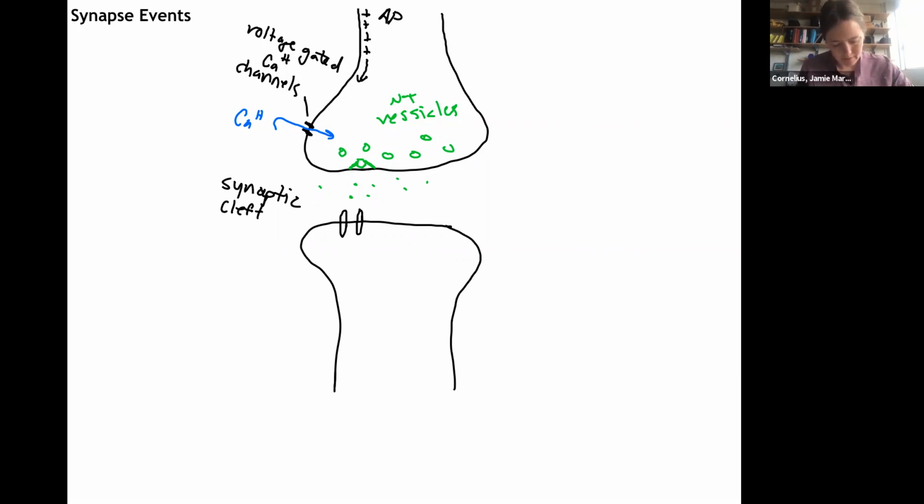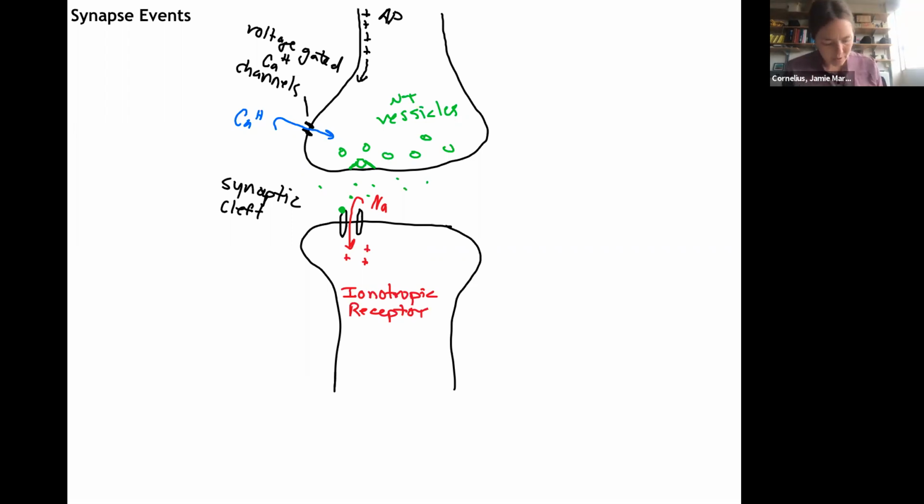So if you get binding of neurotransmitter on that receptor, then oftentimes what happens is that you get a movement of sodium or calcium into the cell, and that's going to induce a whole cascade of events. That's an ionotropic receptor, right? Because it caused the immediate entry of ions.